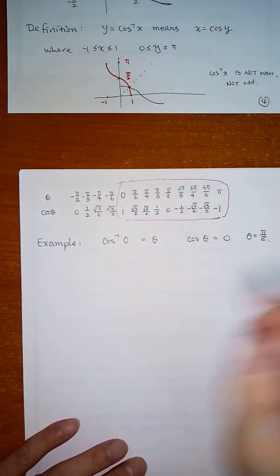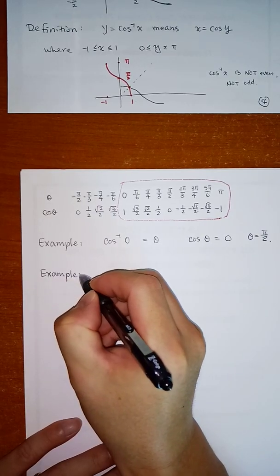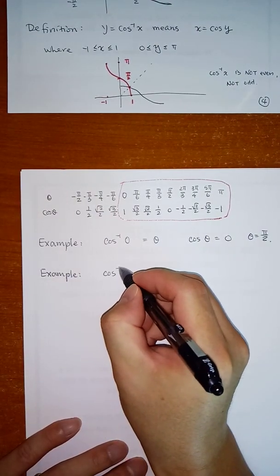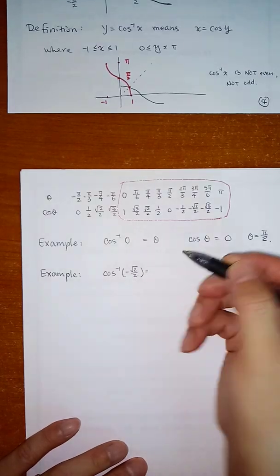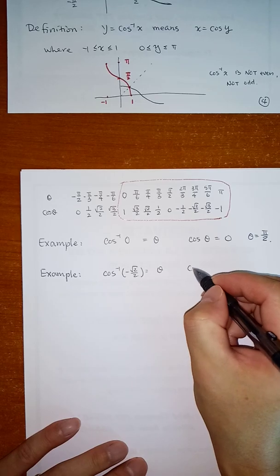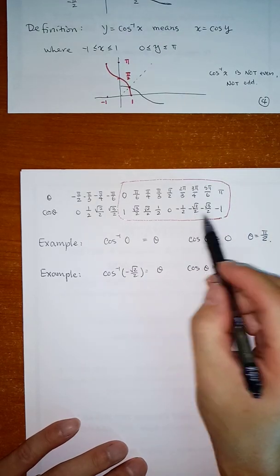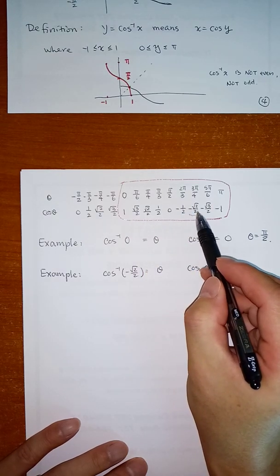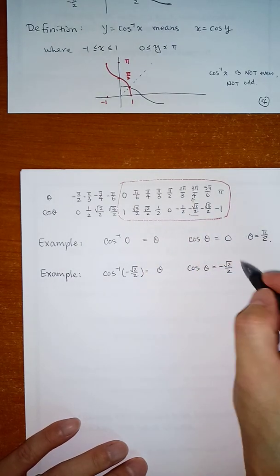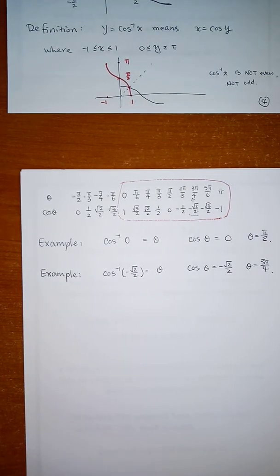Similarly, if we want to find the cosine inverse of negative root 2 over 2, you set it to be theta, then cosine theta is negative root 2 over 2. So you check this second line. You get negative root 2 over 2. The corresponding angle is theta.